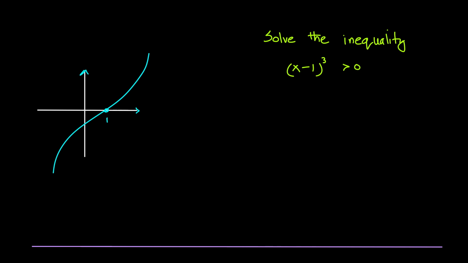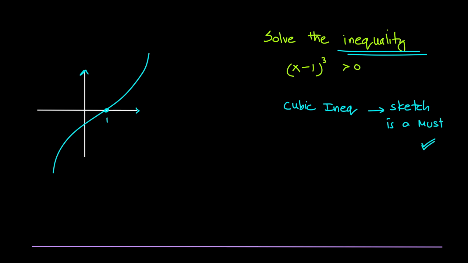Now when we talk about solving an inequality, the rule is, in order to solve a cubic inequality, a sketch is a must, which we have already drawn. So the first part is completed. The second thing is, when we talk about greater than 0, it means a region of the graph above the x-axis.